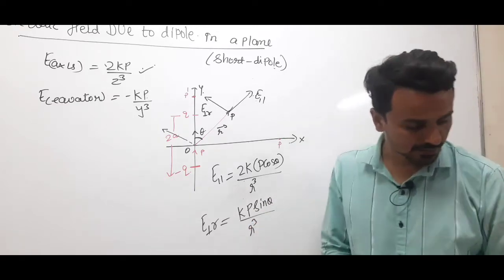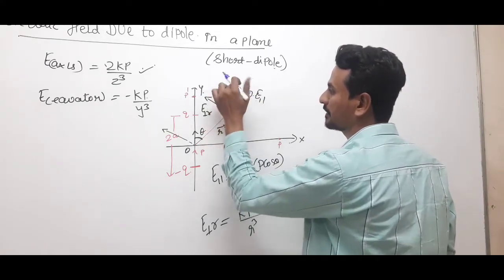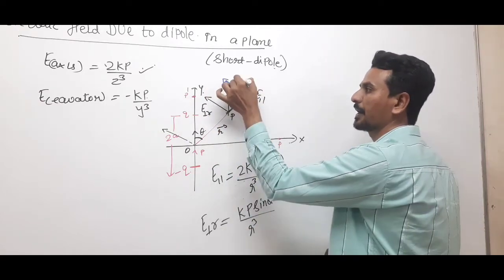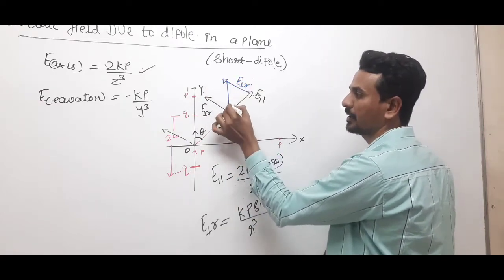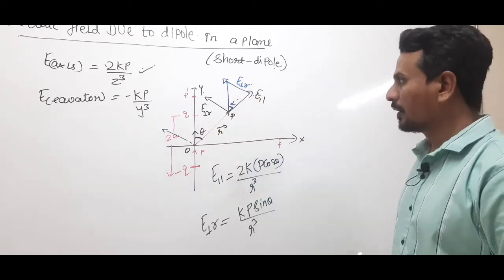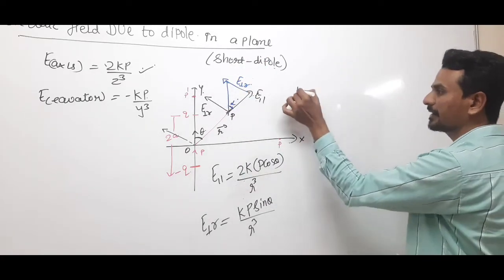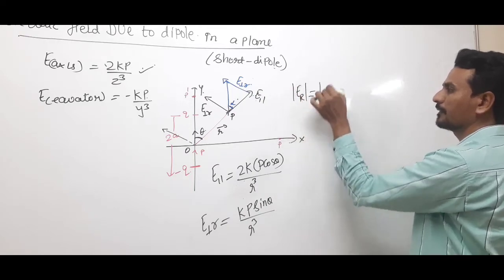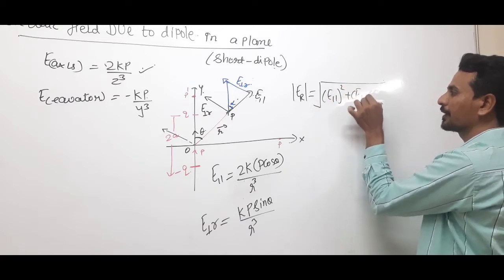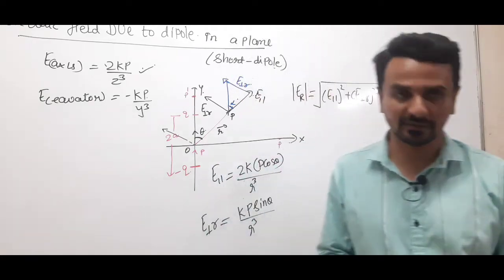Now the resultant electric field will be, this is your first vector, this is your second vector, and this will be the resultant. This is the perpendicular component, this is the parallel component. Let us say this is the resultant angle alpha. So how to find this resultant electric field? The resultant electric field will be calculated as the root of the parallel component plus the perpendicular component, using the formula root of a square plus b square plus 2ab cos theta.